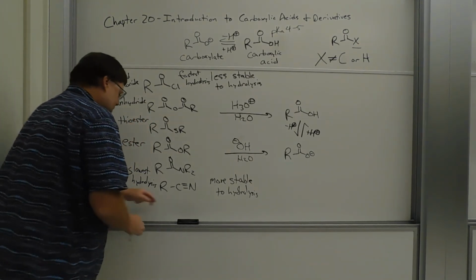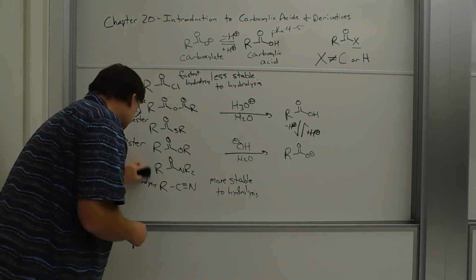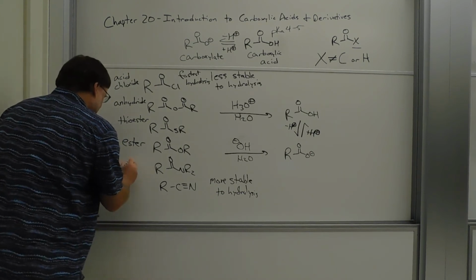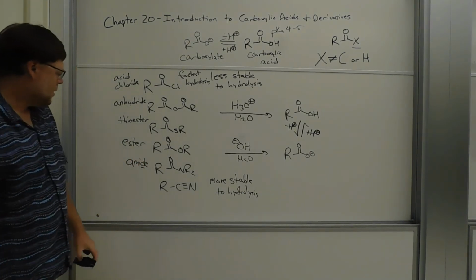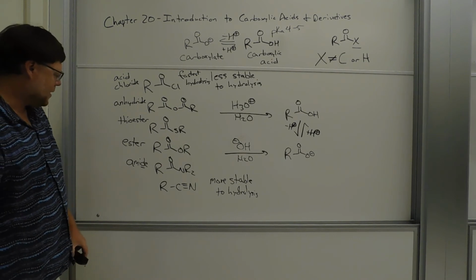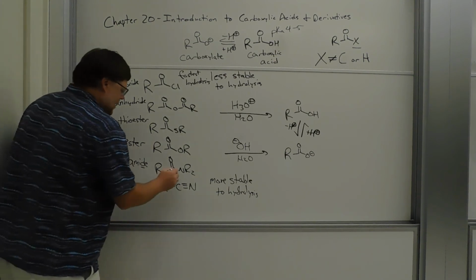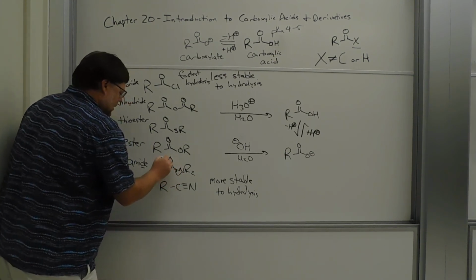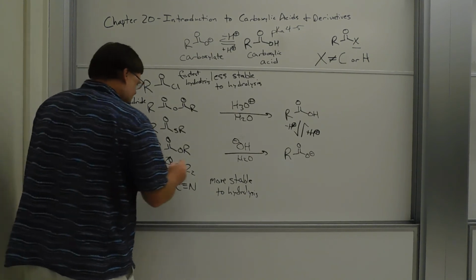And then, I guess we have the amide. All right, we'll have to talk about amides a little more. This is an AMIDE, not an AINE. And this nitrogen pushes electron density into the carbonyl.